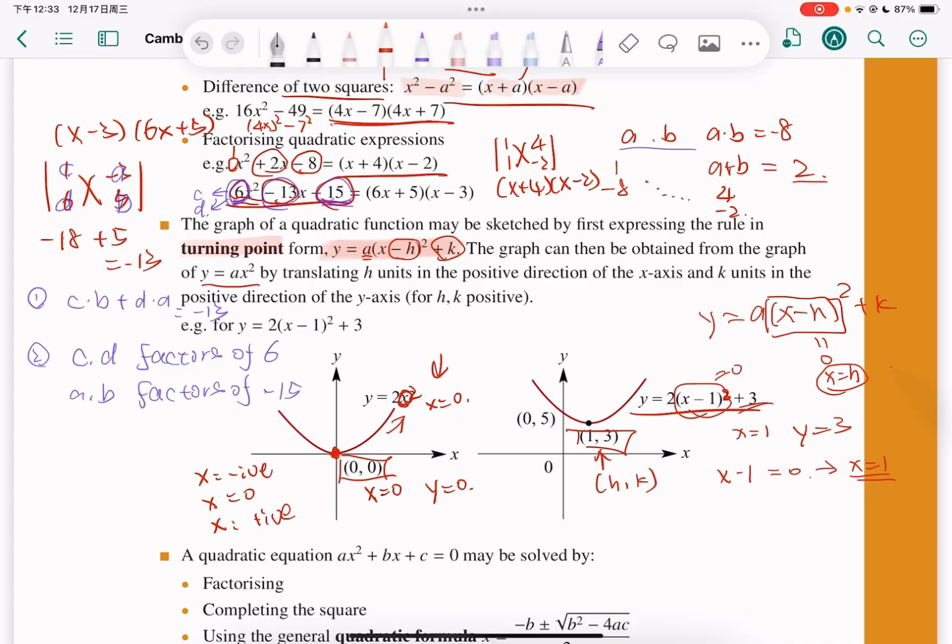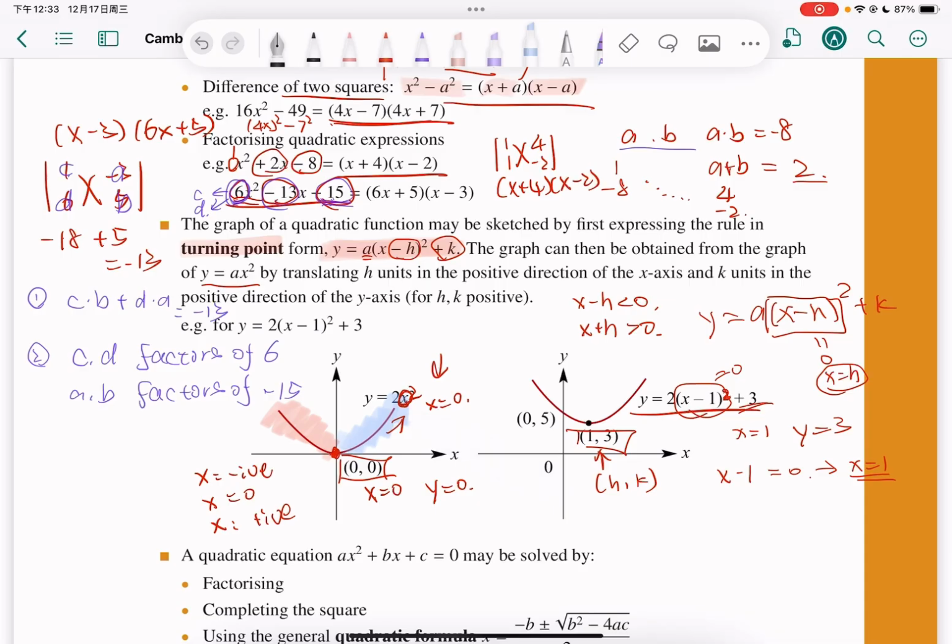Because you can think of it this way. If x minus h is smaller than 0, which corresponds to the red part of the graph, it's decreasing. If x minus h is greater than 0, that corresponds to the blue part, where the graph is increasing.